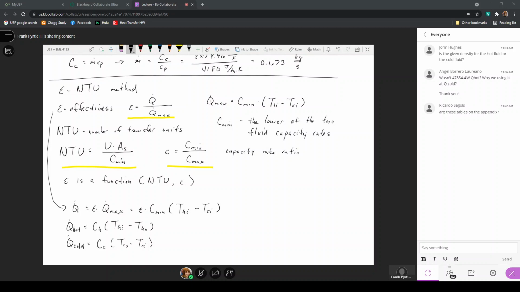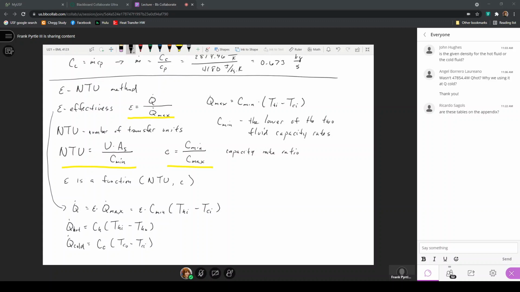So the effectiveness NTU method is just used to define the heat transfer that is occurring between the two fluids. We can always define the amount of heat that is transferred out of the hot fluid by this expression and into the cold fluid by this expression, but the heat transferred between the two fluids is what we'd be interested in if the effectiveness is a function of the number of transfer units and the capacity rate ratio.